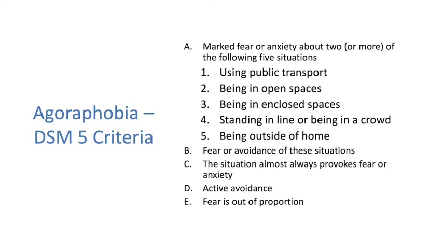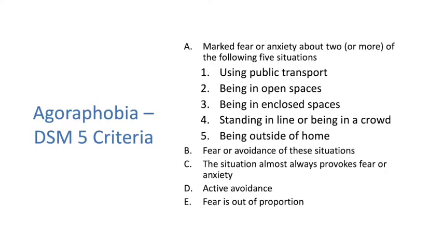Okay, so agoraphobia, according to the DSM-5 criteria, is marked fear or anxiety in conditions such as using public transportation, being in open spaces, being in enclosed spaces, being around crowds, waiting in line, for example, being outside the house generally.